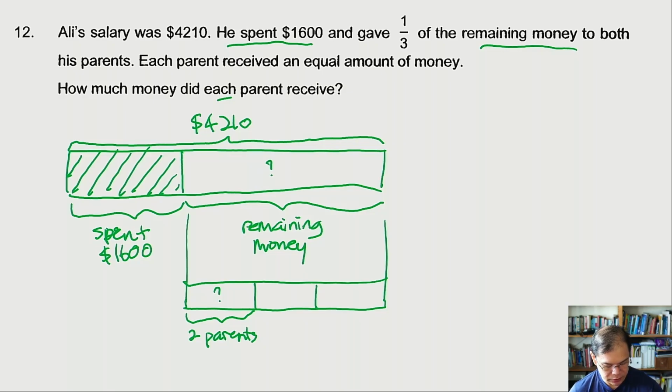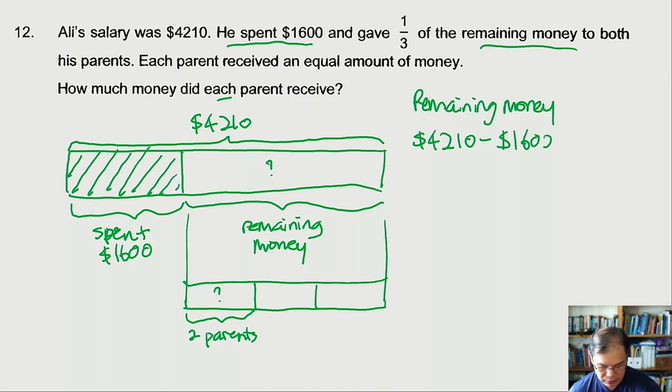So this amount, how much is the remaining money? So remaining money: $4,210. Now he spends 1,600, so he's left with $2,610. So this part is $2,610.